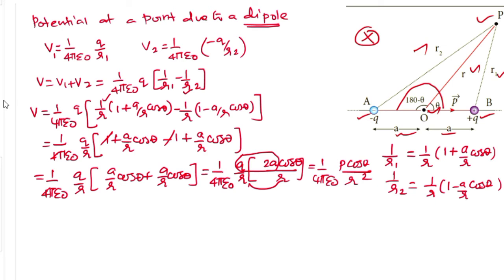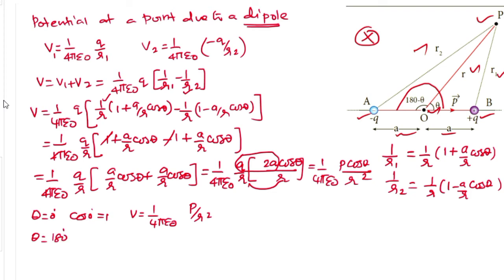That's it. Now they may ask special cases. Case 1: when the point P lies nearby the positive charge along the axis, theta is equal to 0. Theta 0 means cos 0 is equal to 1. Therefore the potential is 1 divided by 4 pi epsilon 0 just p divided by r square. Case 2: theta is equal to 180.